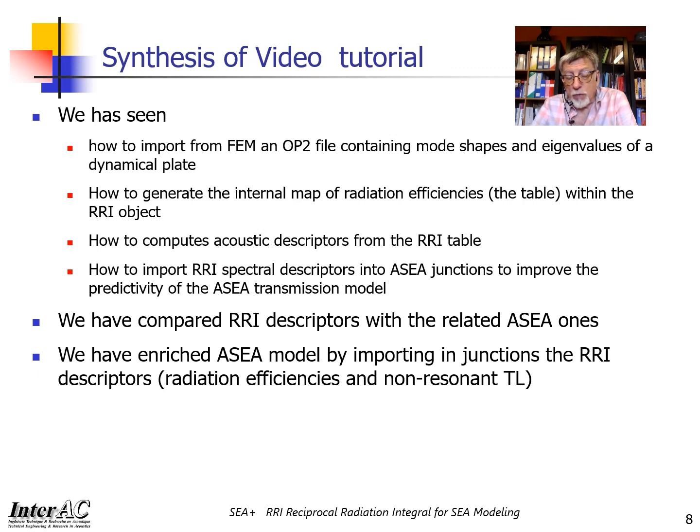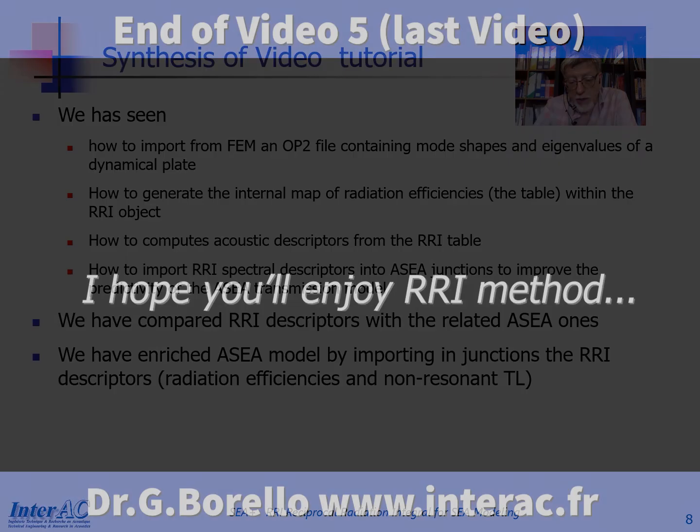And of course, modal radiation efficiency used by the ASEA junction, that means the radiation of each mode at the resonance frequency, which is a bit different from the mean radiation efficiency computed from the RRI table. And of course, the mass and also the local modal density due to the series of modes we use for this specific area. Only useful if we analyze the full structure.